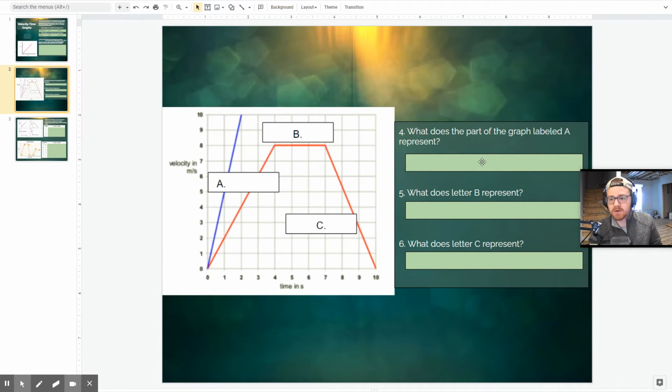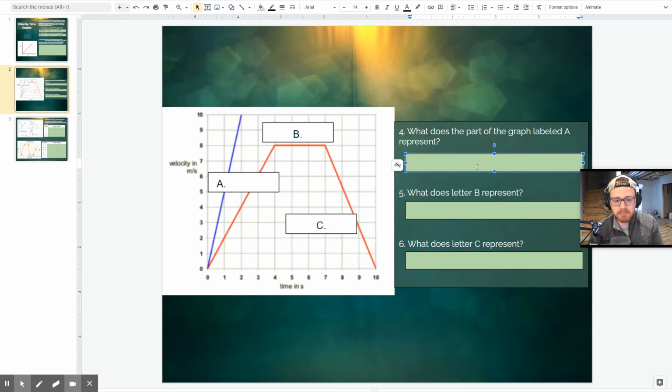So what does the graph portion labeled A represent? Well, we'll say that this represents constant acceleration. Oh my goodness, I can't think of spelling that real quick.